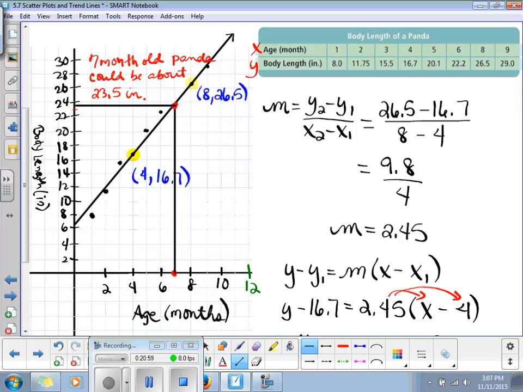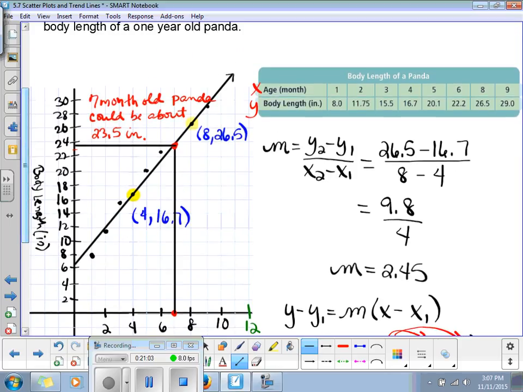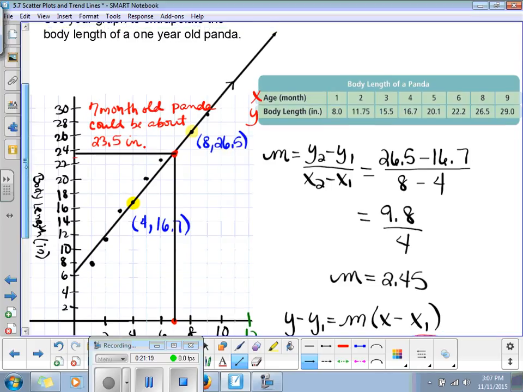But if you'll notice, our line is not there yet. So we have to extend our graph. Okay, is that straight? Yeah. All right. So we will extend the graph, and now we'll extrapolate.